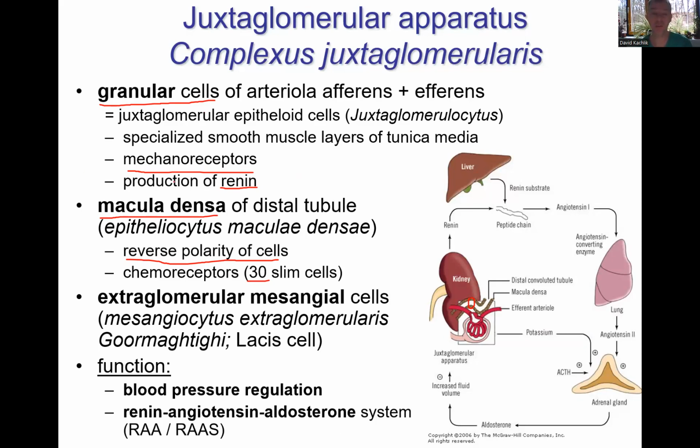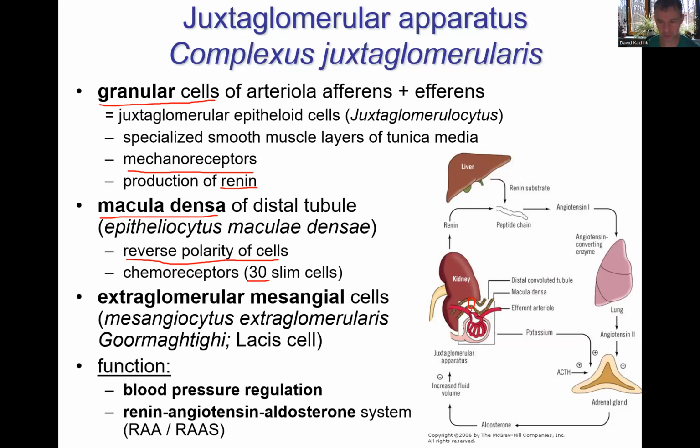And when they are informed by the macula densa about too high a level of sodium or chloride ions in the urine, these cells of the macula densa, because they are not in close contact, inform the cells which are in between.